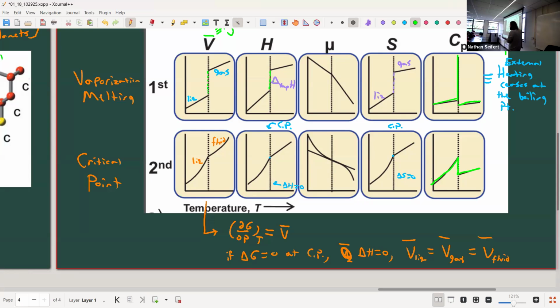Now, what that means is, right, so what we have here is that the heat capacity, which is a derivative of enthalpy, diverges at the transition. And here now, heat capacity has a discontinuity, just like enthalpy does. So what that would mean is that the derivative of the heat capacity diverges for this system.